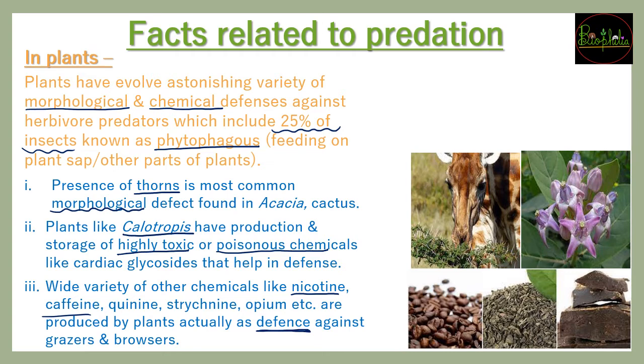So for that purpose plants make all these chemicals, and plants are not making this nicotine, caffeine and opium for the purpose of commercialization in humans. So that is the way plants are going to be dealing with their predators.